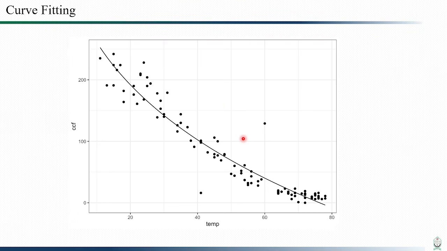Here, this is one example of curve fitting. Let's first observe those discrete points. Let's say these points have been extracted from an experiment, and we are given only these data points in a graph paper. So, can we come to any conclusion how these points change over the time, or with the change of temperature, how the value of CCF changes?